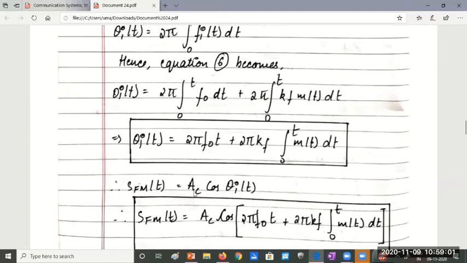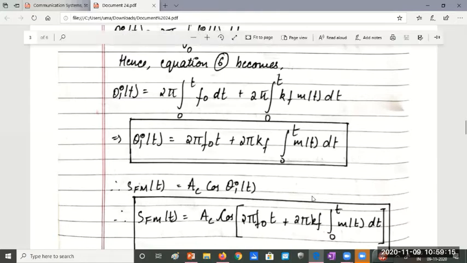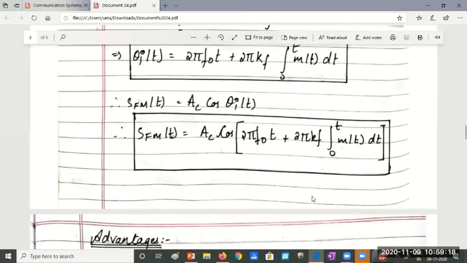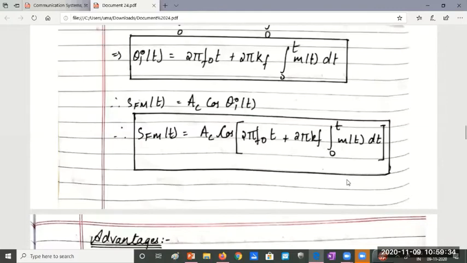AC represents the magnitude of the carrier. The carrier is a cosine wave and theta I represents the angle of the carrier, which is defined by the above equation. So FM of t here is AC cos of 2 pi f naught t plus 2 pi kf integral 0 to t m of t dt.